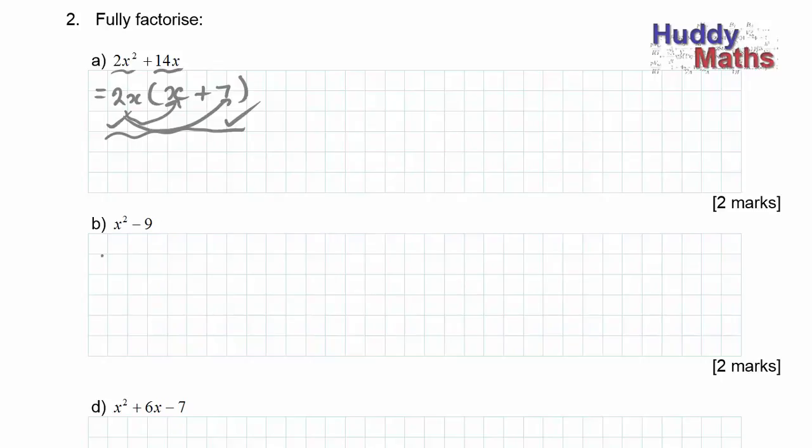X squared take 9, you might recognise this as x squared take 3 squared, which means it's a squared take b squared, which is a plus b by a take b. 1 for each of those brackets then.